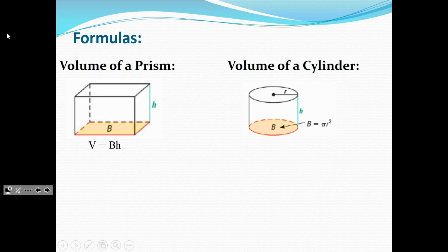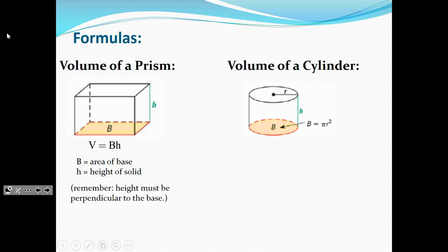And the H stands for the height. So the capital B means we're finding the area of our base, while the H is the height of the figure. And remember, our height has to be perpendicular to wherever our base is. So make sure that they say that it's a right or it appears to be a right. If it's an oblique, which is the slanted ones, that outer edge cannot be our height, right?